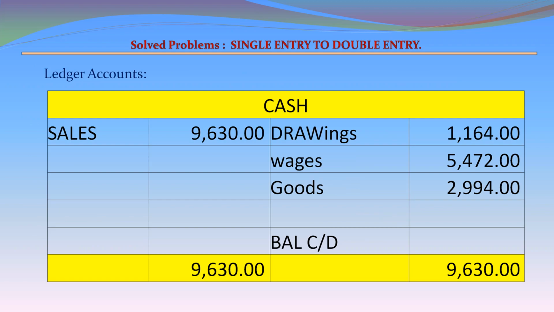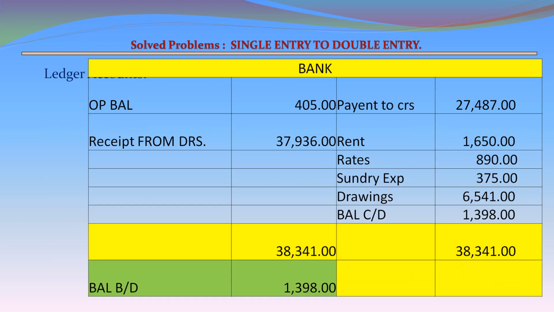Cash account. On the debit side, sales 9,630; cash paid for drawings 1,164, for wages 5,472, for goods 2,994. Total 9,630 has been expended like this, and there is no cash balance at the end of the year. Bank account.